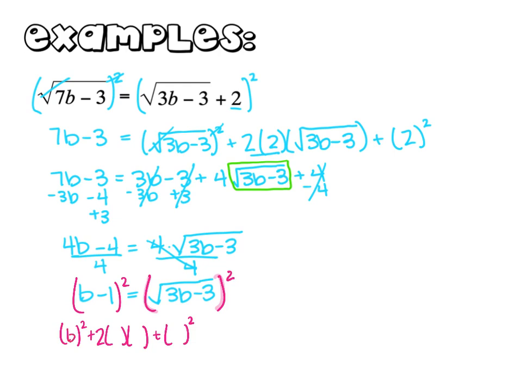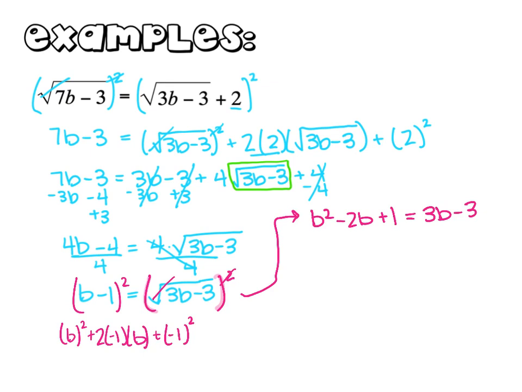So b squared, 2 times negative 1 times b, and then negative 1 squared gives me, if I move up here now, b squared, negative 2b, and positive 1. And on the right-hand side, the square root and squared cancel, and we just get 3b minus 3. Finally, the radicals are all gone.